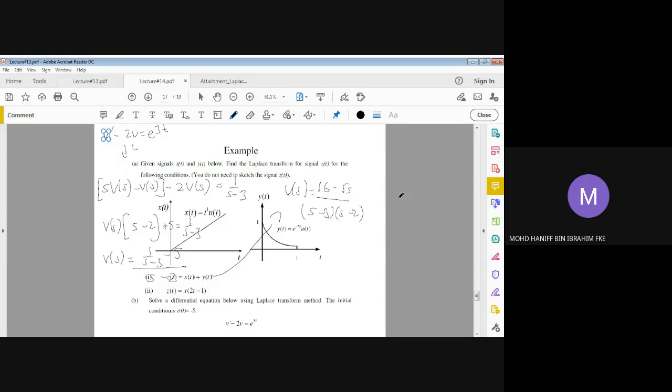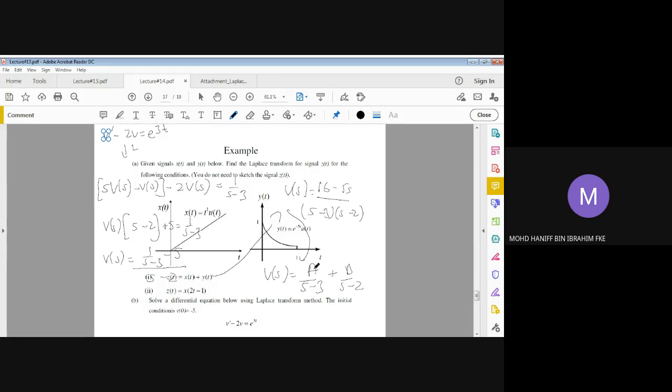What we have to do now is the inverse Laplace transform, but before we can do that, you need to proceed with the partial fraction, in which we can write this V(s) as equal to A over s minus 3 plus B over s minus 2.